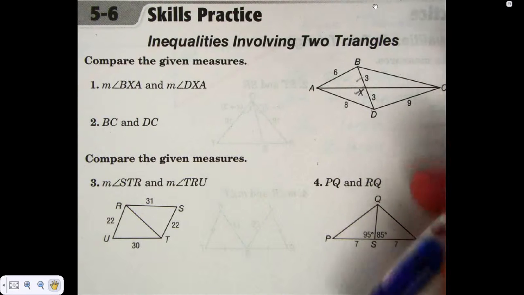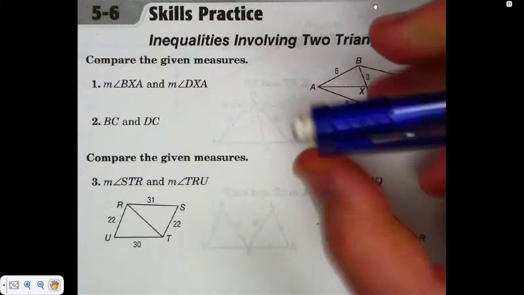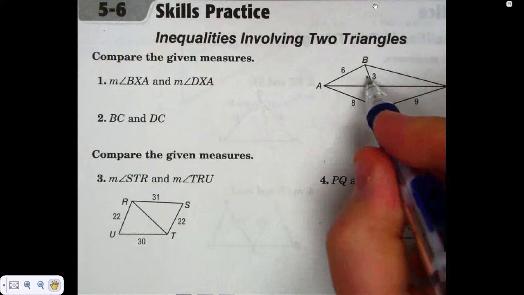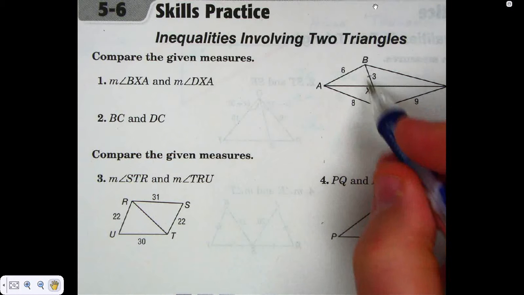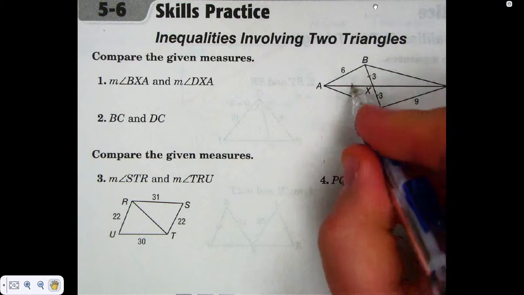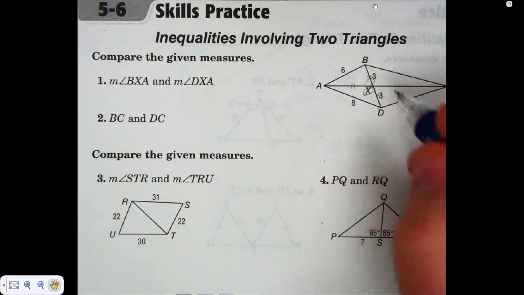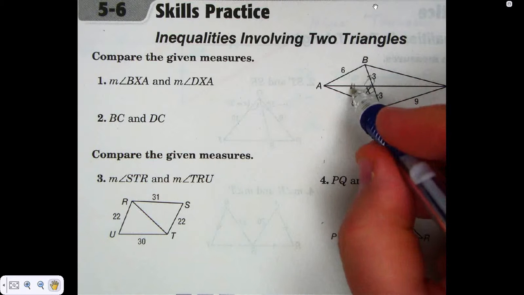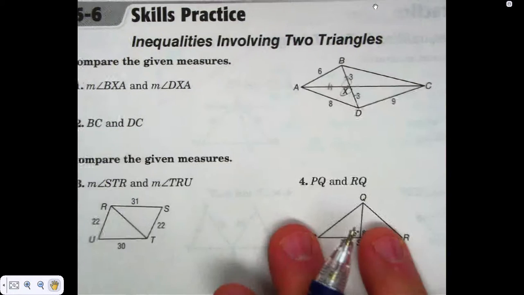Now, this is congruent to that, is it not? And we're going to compare this angle and this angle, right? And isn't this congruent to itself? It's a common side, is it not?